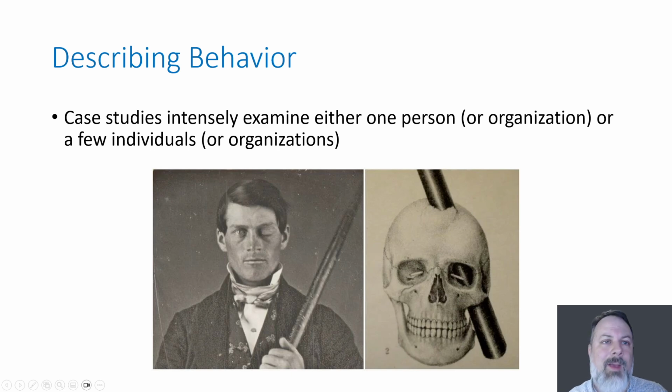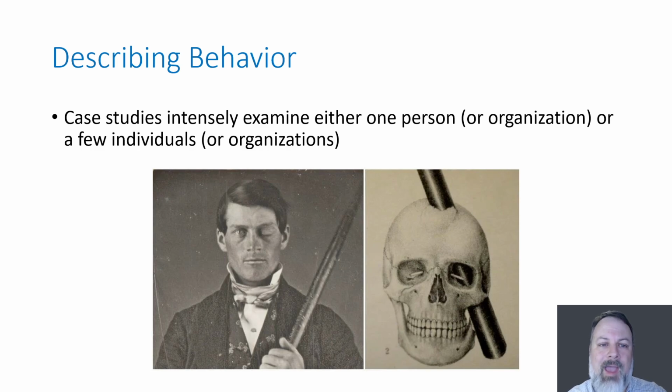So let's talk about some of those methods describing how we do collect data in psychology. And so, one way we do this is descriptive research. And one way that we can describe behaviors is through what we call case studies. So, case studies are where you intensively examine either one person or one organization or a small group of people.